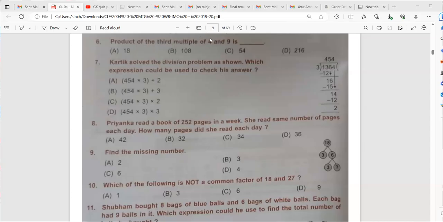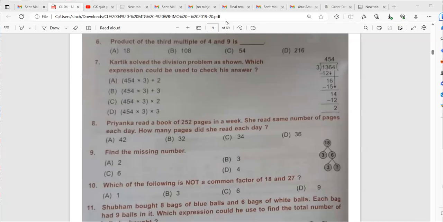4 into 9 is how much? Yes, tell me, Udit. Shuok, number 10 is correct. Tuhin, number 10 is correct. Debangshu, number 10 is correct. Udit, beta, can you tell me 4 into 9 is equal to how much?